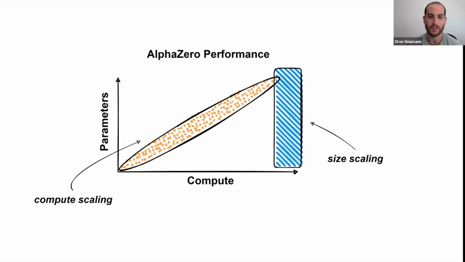Then when we look at an intermediate region, we get a compute scaling law where the performance of optimal agents scales as a power of the compute used to train them. And the last scaling law, and the most important one, is optimal size scaling. We see that the optimal size of a neural network scales as a power law of compute.